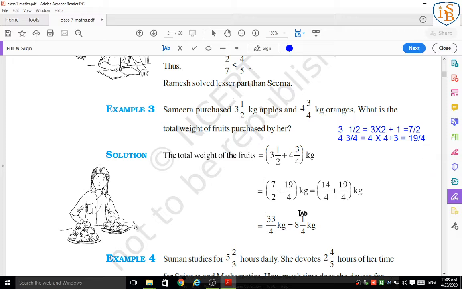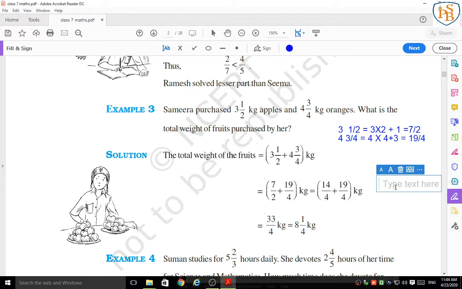Now while doing the addition, it is very necessary to equalize the denominators, and you can see that 7 upon 2 has the denominator 2 and 19 upon 4 has the denominator 4. Now we have to equalize the denominators. How can we do it? We know that very well.